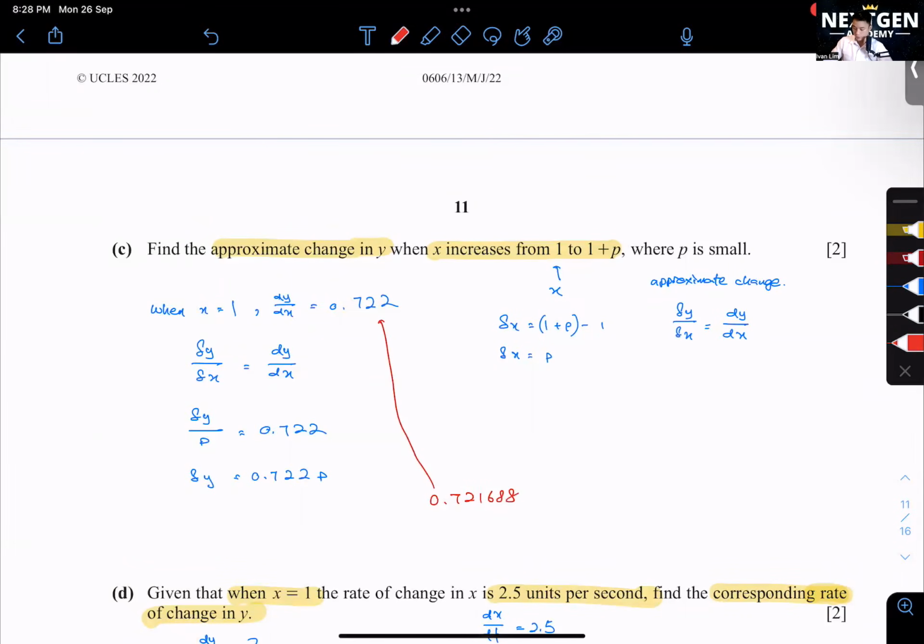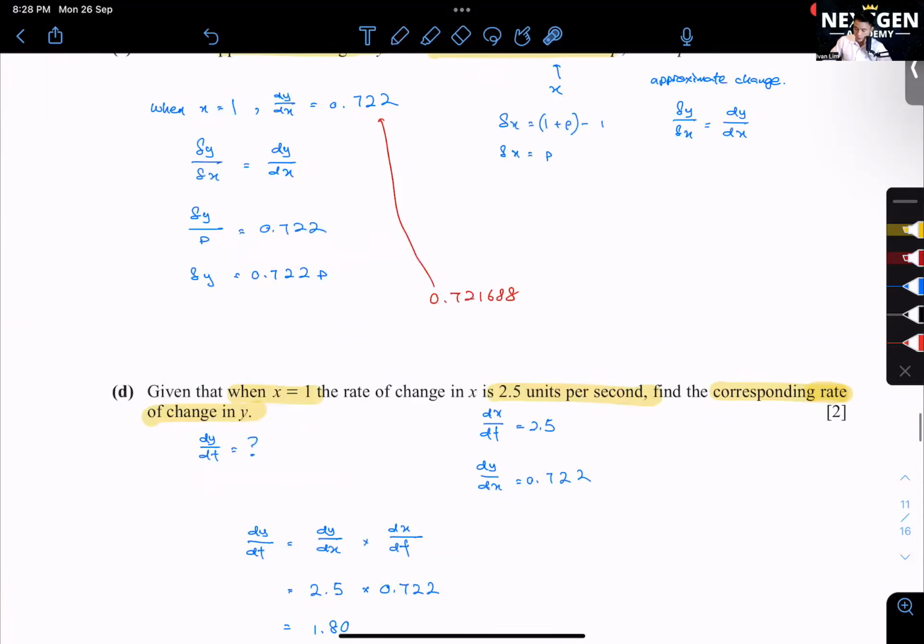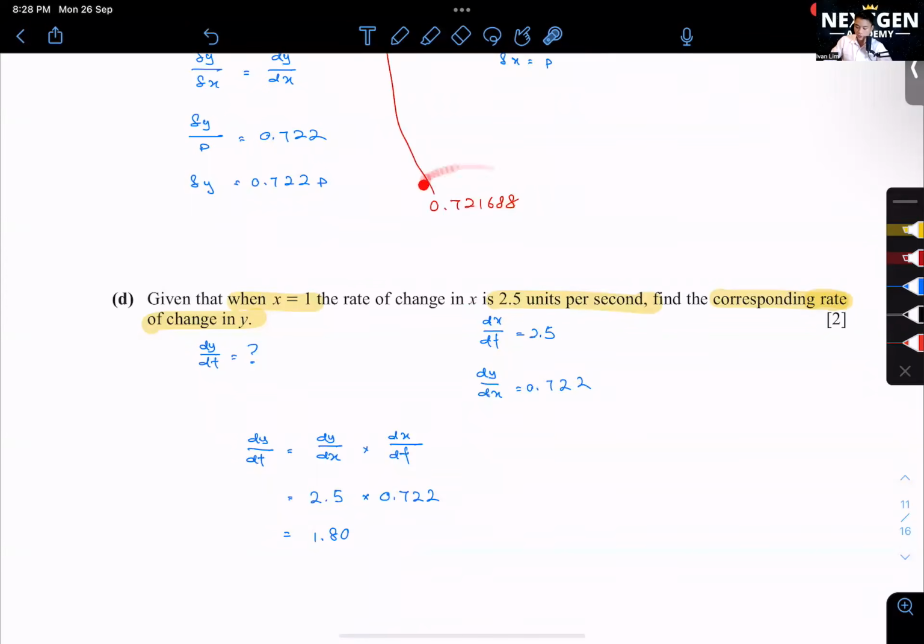Then we round it up. This one is a continuation from here. Don't use a rounded up value. Even though I write 0.722, I'm actually using this value when I calculate that time. Be careful on this kind of calculation. Remember, anything that you round up already is less and less accurate already.